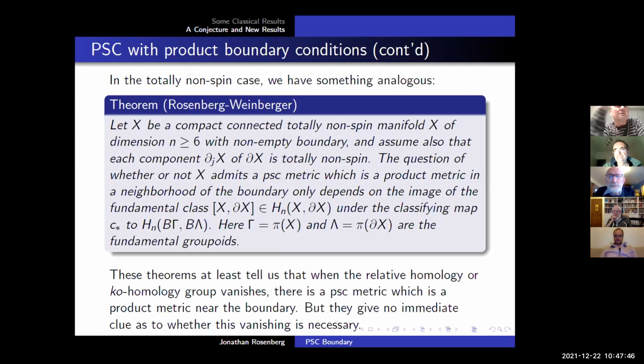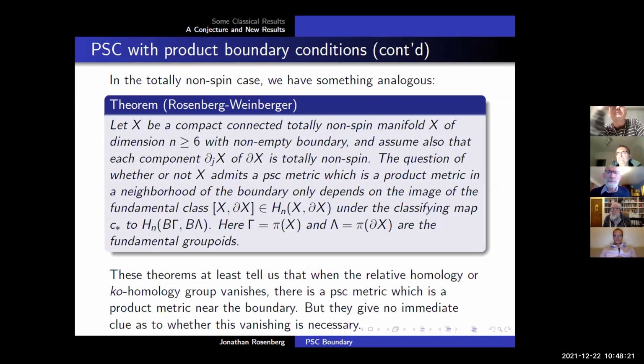So continuing in this vein, can anything be said about the image of the relative fundamental class under the classifying map of the universal covering in the case of positive mean curvature along the boundary? Oh, if you have positive mean curvature, do you get any conclusion about the relative fundamental class? Not really, no. So your theorem was under this assumption of product structure. Yes, that requires product type boundary conditions.